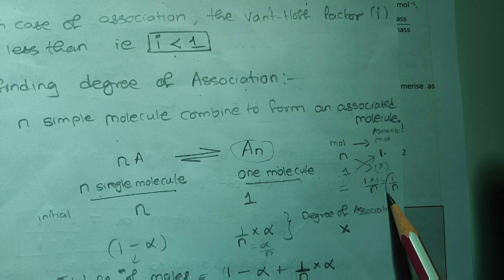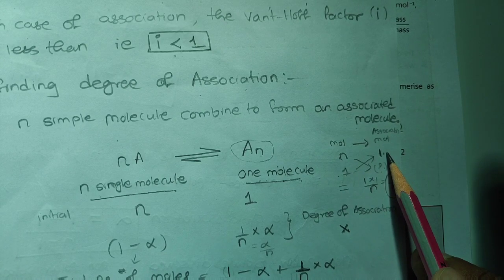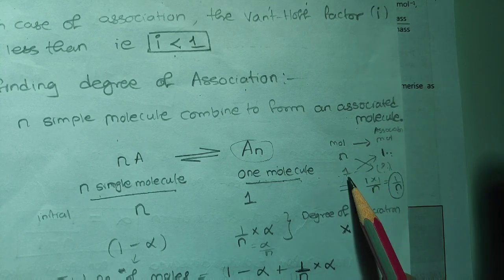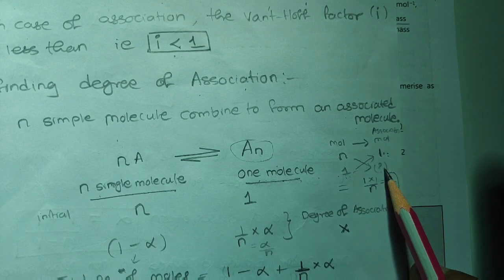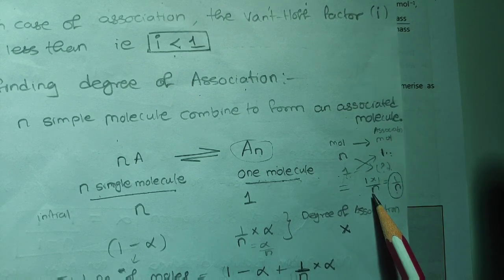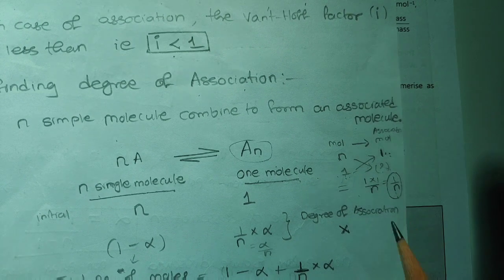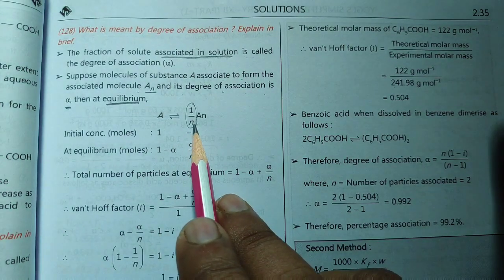So if we take 1 mole of unassociated particles, how much will be the associated moles? Simple cross multiplication, it becomes 1 by n. n moles associate to form 1 mole, so if 1 mole is there, the associated moles become 1 by n. Now this will be clear, how this 1 by n came.